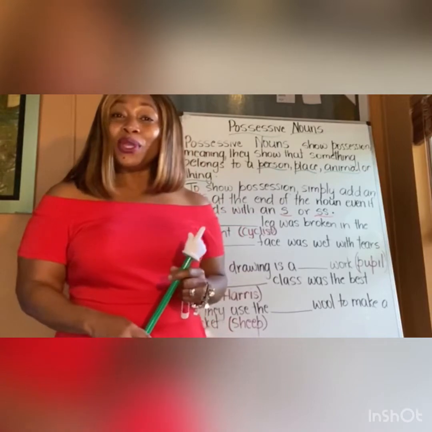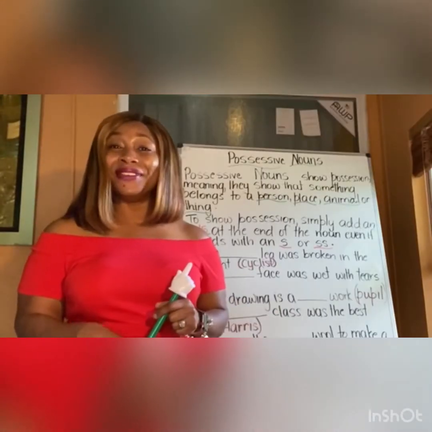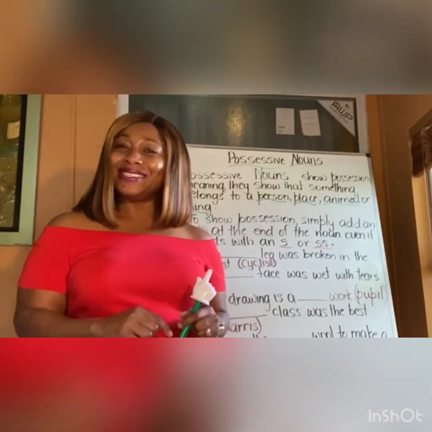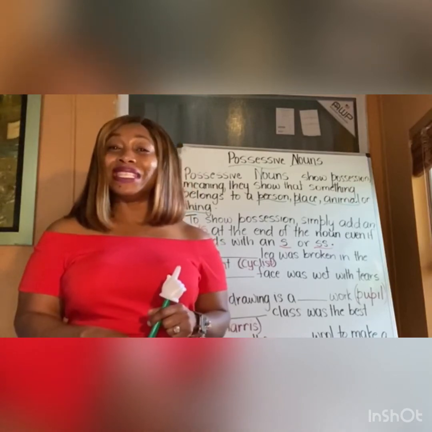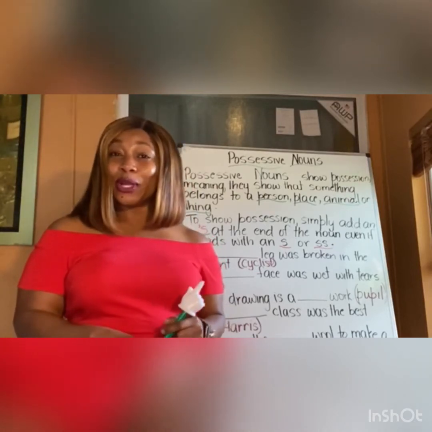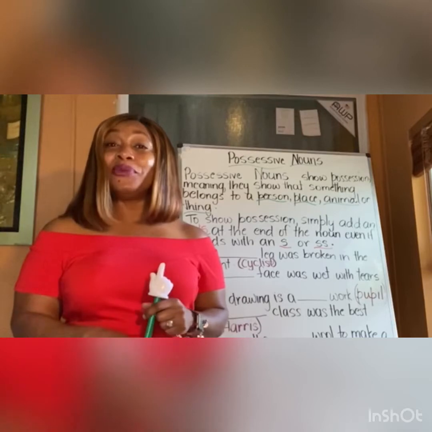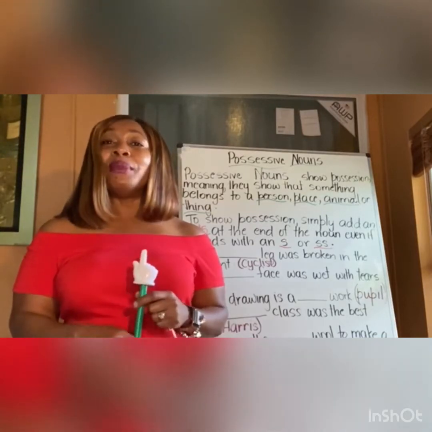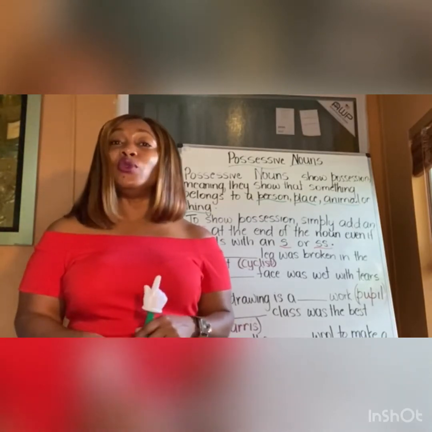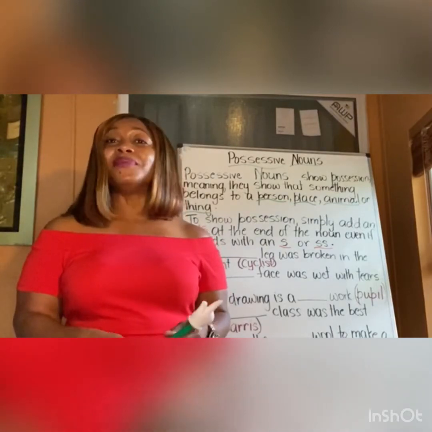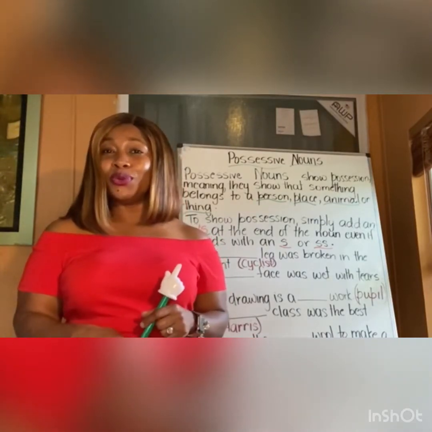So today we will be looking at possessive nouns. In our last lesson, we looked at possessive pronouns. So we're going the other route today and we're looking at nouns. Remember, to possess means that you own something or something belongs to you.